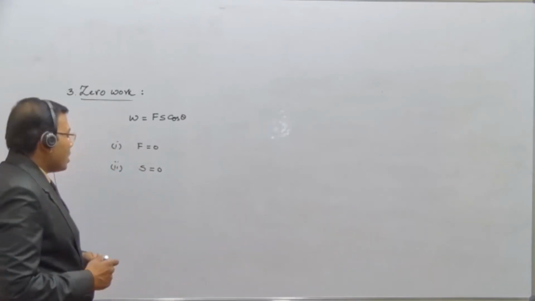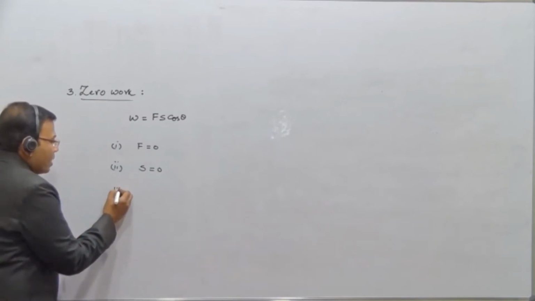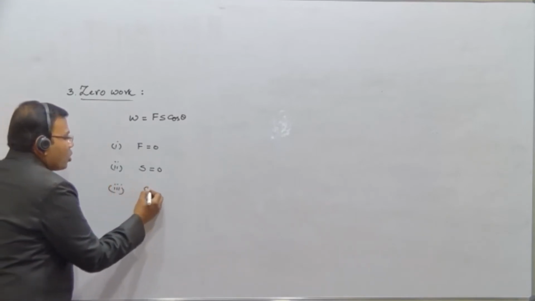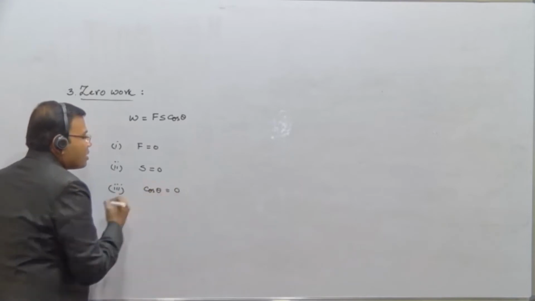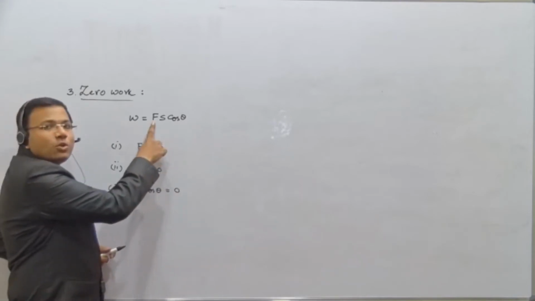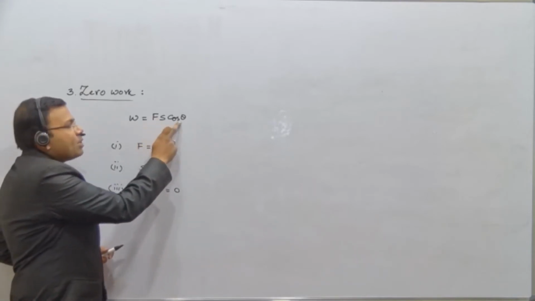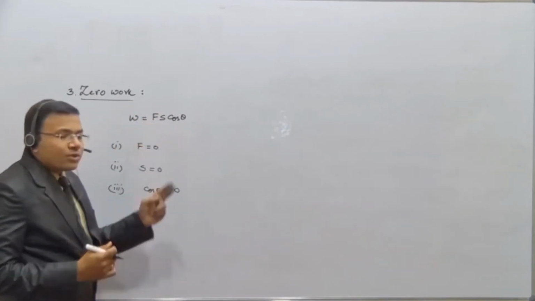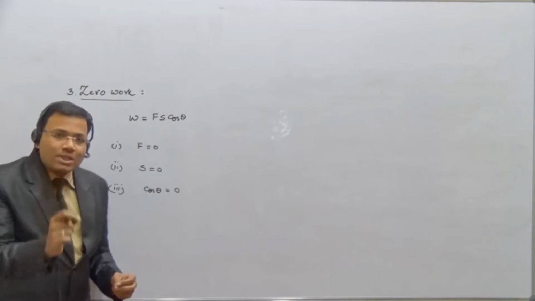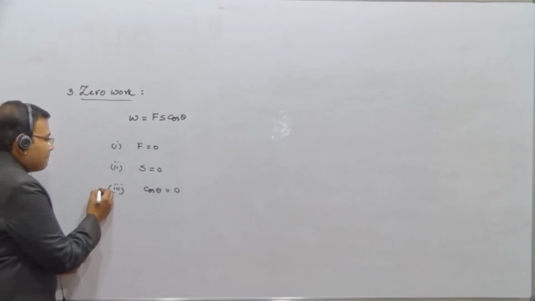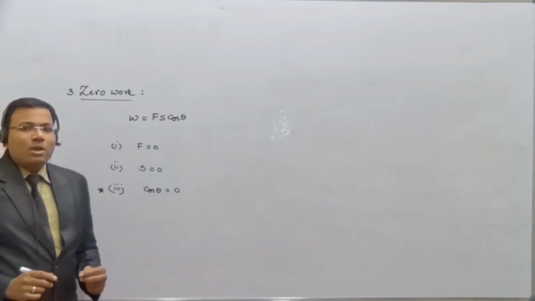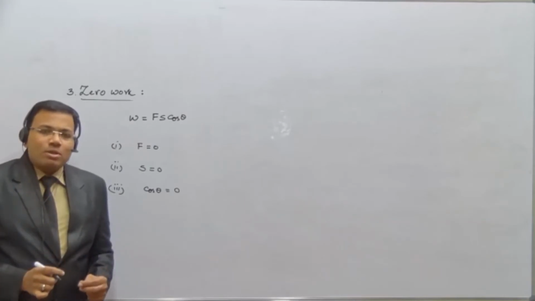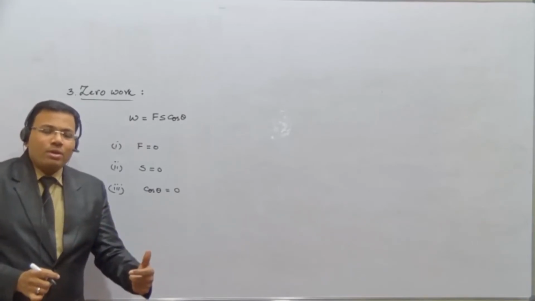The third and the last one is that cos theta must be 0. Either force must be 0, or S must be 0, or cos theta must be 0. Even though we have the force and the displacement, the third condition is important.